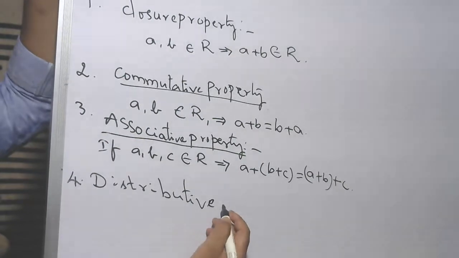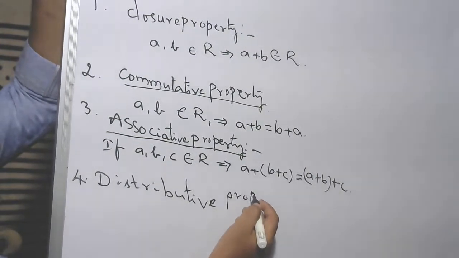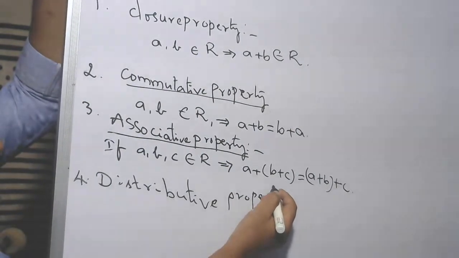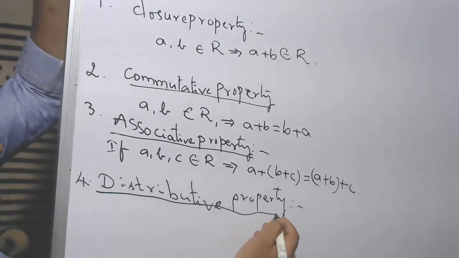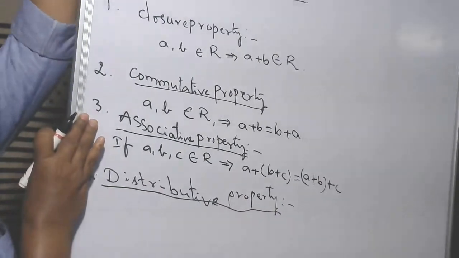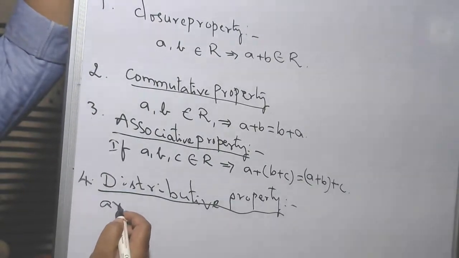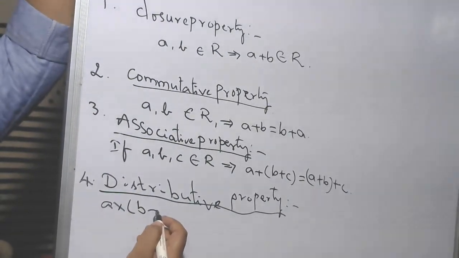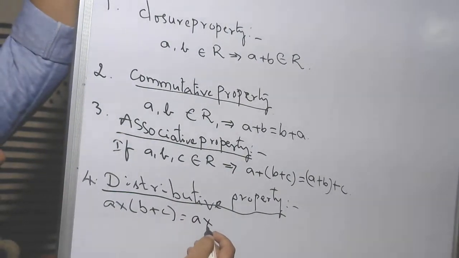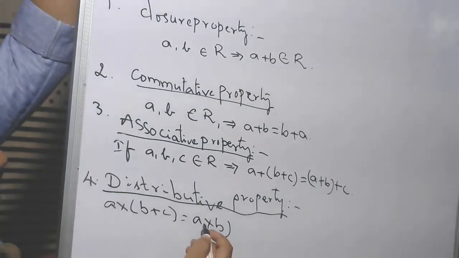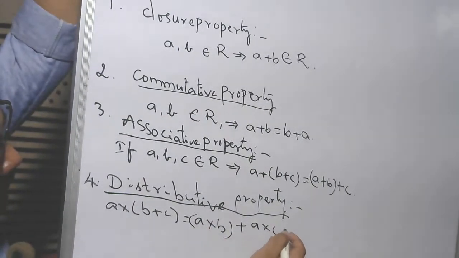You can see that a into (b plus c) is equal to a into b plus a into c.